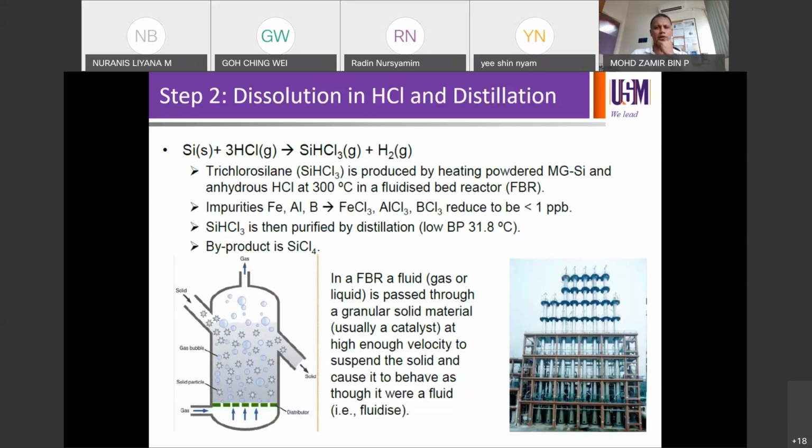The step 2 is called the dissolution, HCl and distillation process. This is actually in row number 2 of the equations. So MgSi silicon, the first one here is MgSi, is reacting with HCl to produce trichlorosilane at 300 degrees C in an FBR, or fluidized bed reactor. This is the FBR.